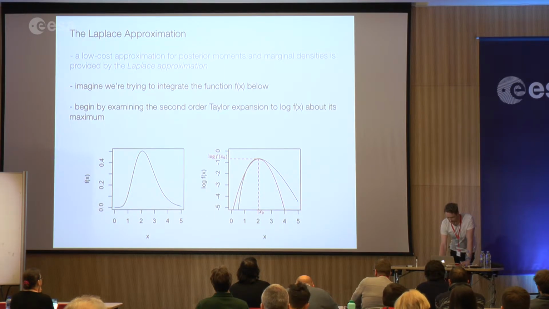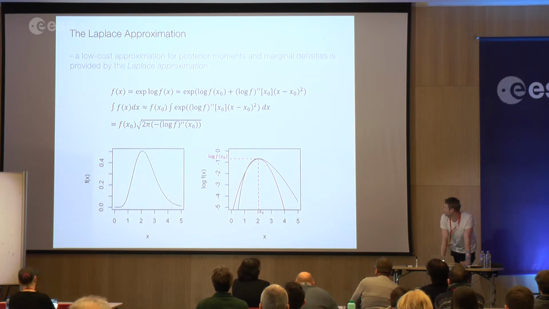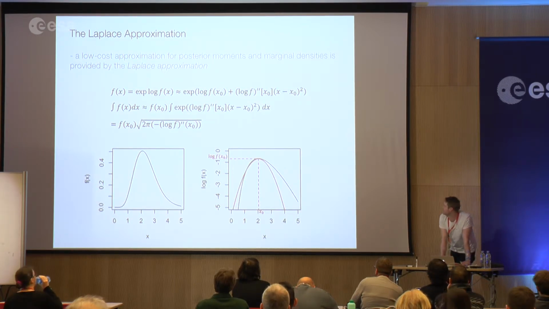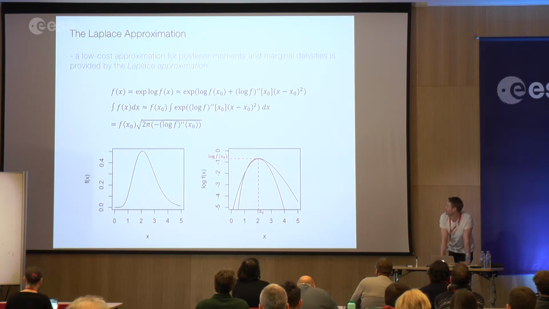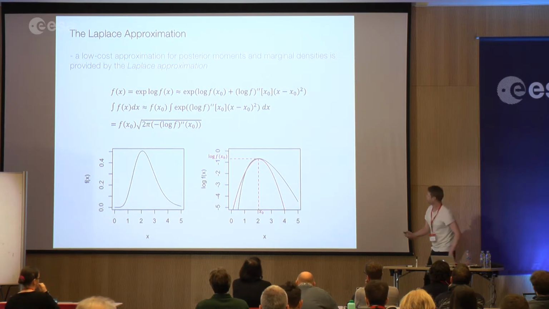So we're going to use the second order Taylor expansion, which would look something like this. Our function is obviously the exponential of the log of the function, and we're going to approximate it by the exponential of our Taylor series expansion about the mode of the function, and the Taylor expansion is going to be in the logarithm of the function. It takes a term which is constant out the front.